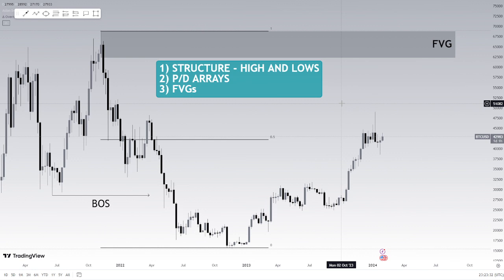The market creates an inefficiency, and the market will then rebalance that inefficiency in the future. It's our job as responsible analysts, and therefore traders as well, to make sure that these fair value gaps are going to be rebalanced at some point. Could be days, months, weeks, if not years. That's just how the market works, but we need to be aware of the underpinnings.